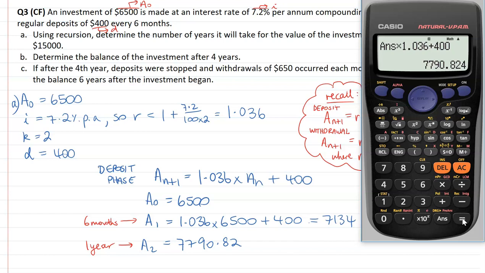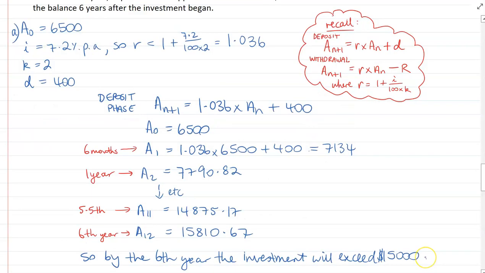So let's keep counting the number of recursions it takes. And if I consider that every recursion is 6 months, I should be able to figure out how many years that's converted to. Through 3rd, 4th, 5th, 6th, 7th, 8th, 9th, 10th, 11th, 12th. So between my 11th and 12th recursion, the balance has exceeded the $15,000. Okay, so by the 6th year, the investment will exceed the $15,000.